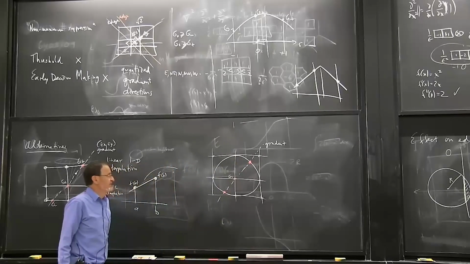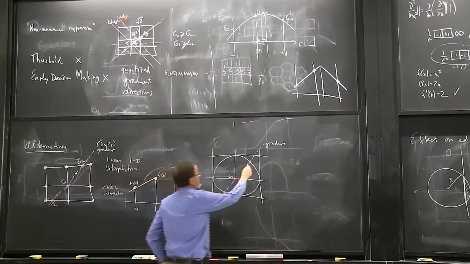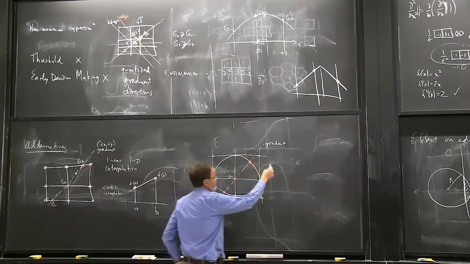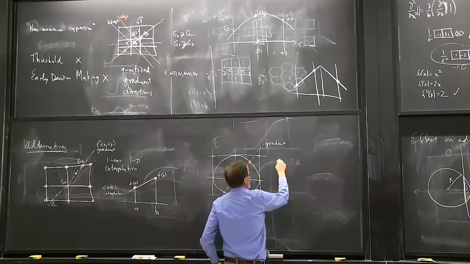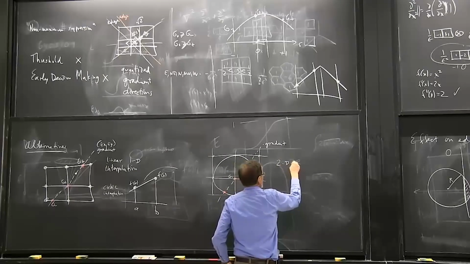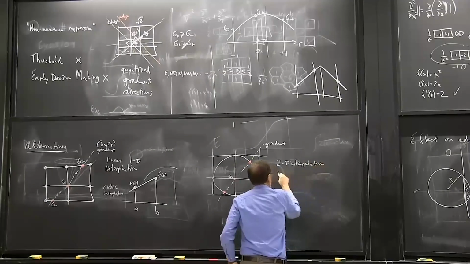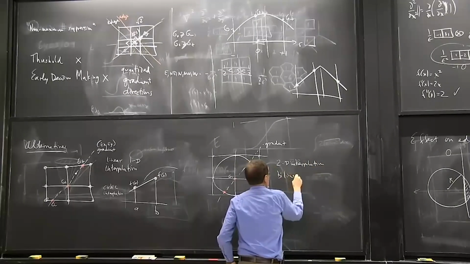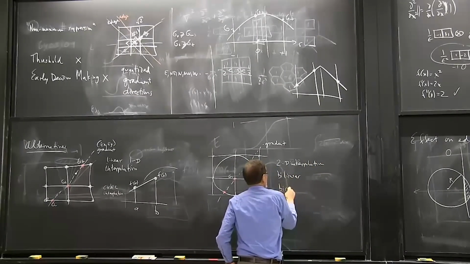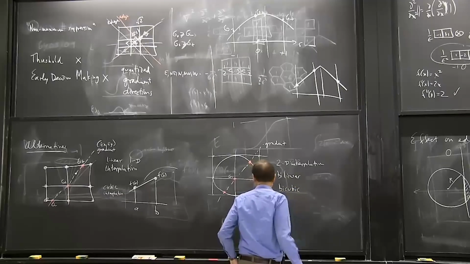Okay, so of course I don't know the value here, so I have to use interpolation, which is now 2D interpolation. And so I can use bilinear, or I could, for example, use bicubic.